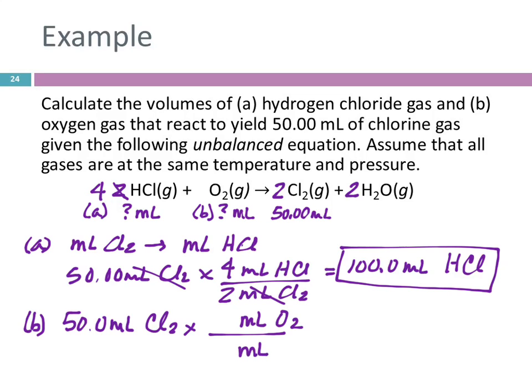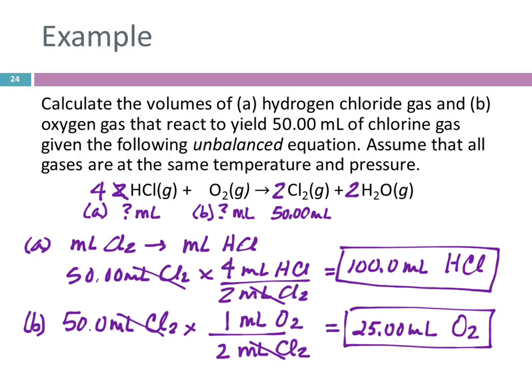And the previous unit comes down to the bottom. Again, we're looking to the equation for our ratios here, 1 O2 to 2 Cl2. 1 to 2. And so here we're going to get 25.00 milliliters of O2. Any questions?